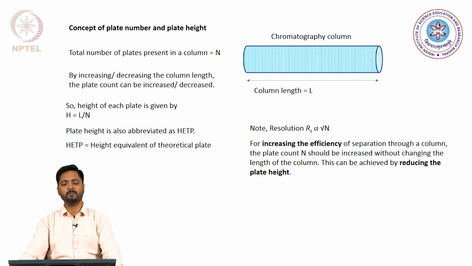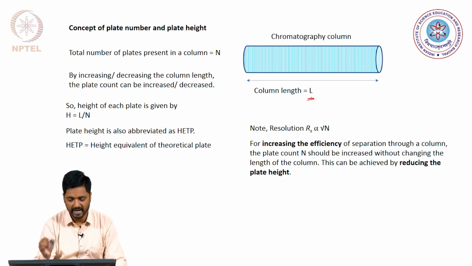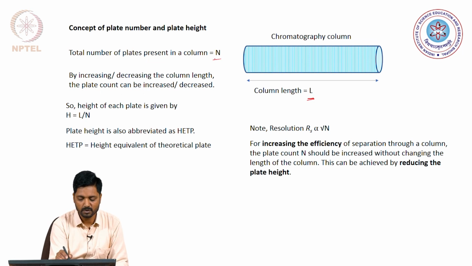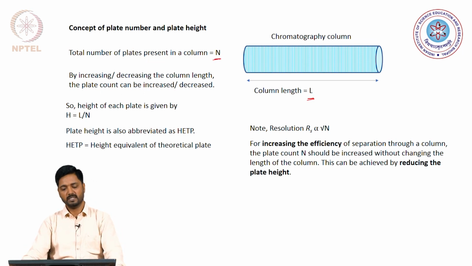So, this concept of plate number and plate height now comes into the picture. So, if we have a column of length L, we can describe that this column has say n total number of plates present in it. So, again these are imaginary plates.